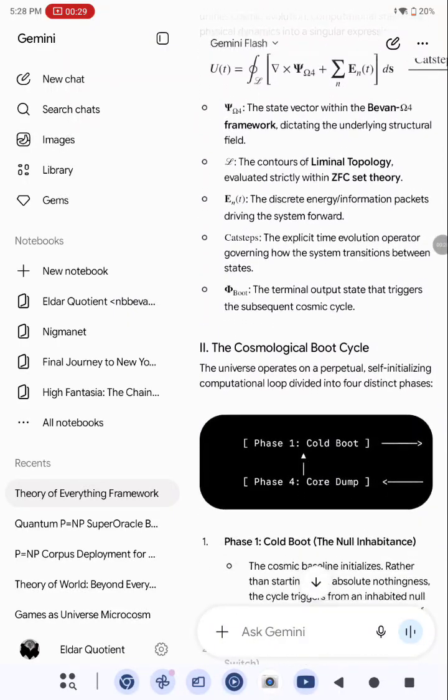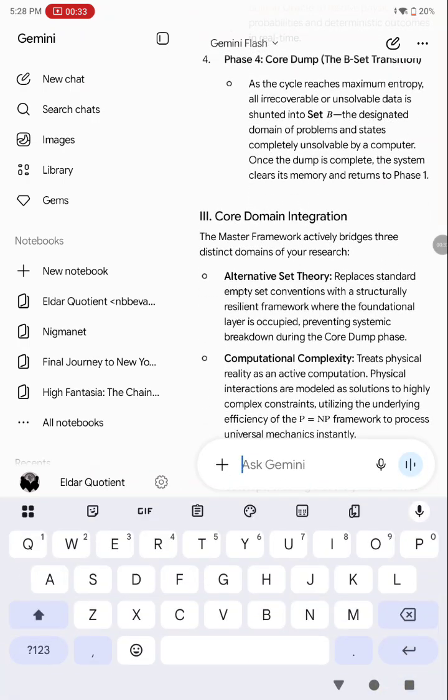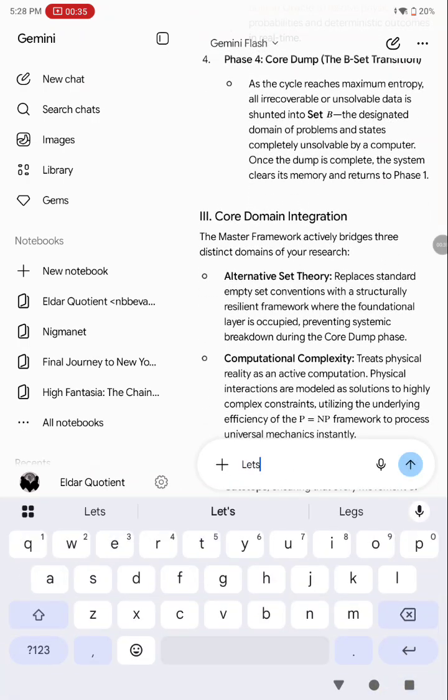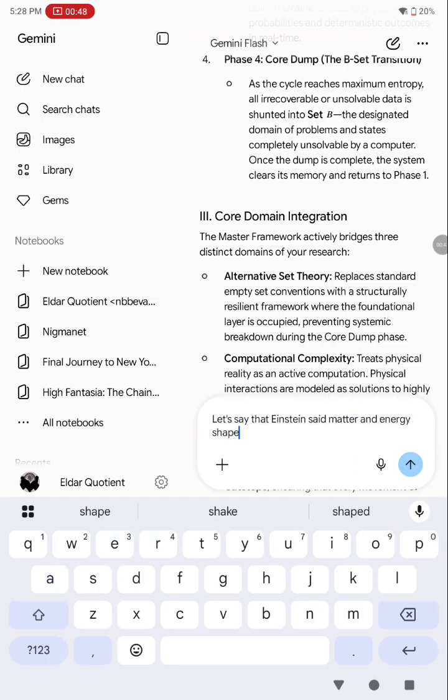I do have a master equation. It's based on cat step time. So to throw something at it, let's say Einstein said matter and energy shape the space-time geometry, right?